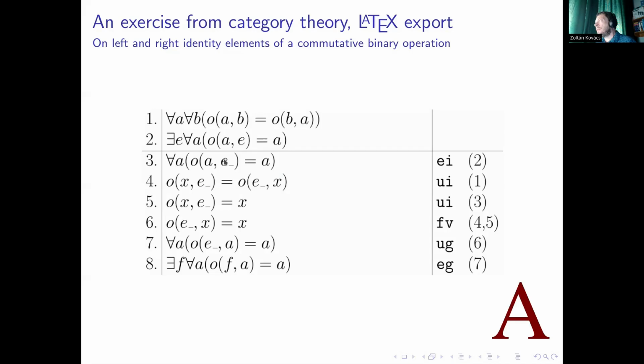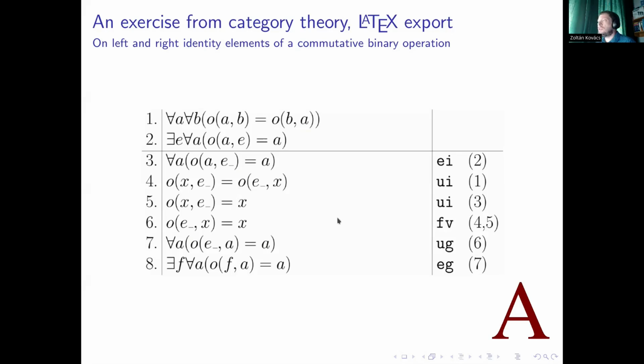Then by using some rules, we can learn that for each A, this A operation E underscore equals A. So this is because of the second statement, a so-called existential instantiation in GNU Aris. Then you can use the commutative property and so on.